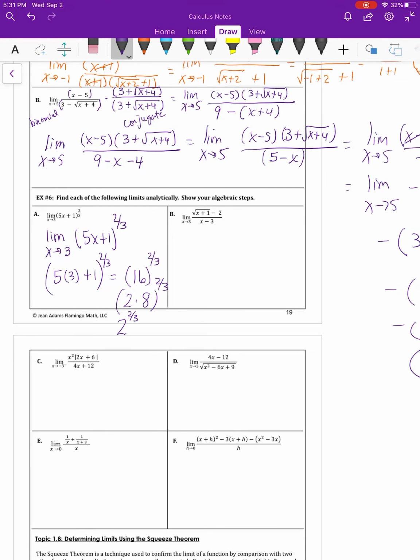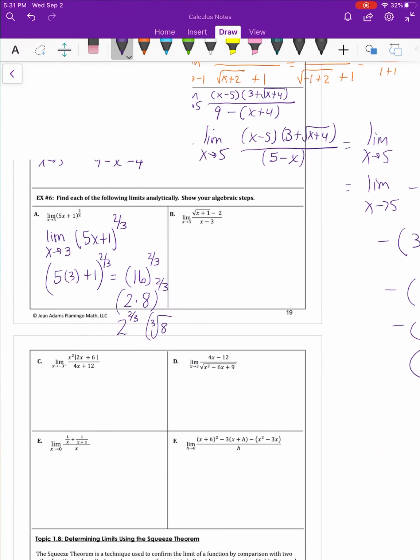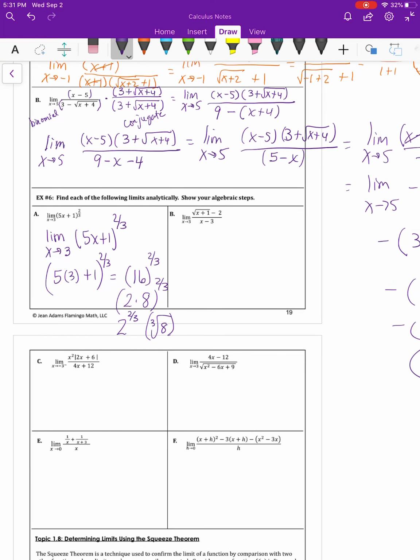So this would be 2 times 8 to the 2/3, and then I can take the cube root of 8, sorry guys, cube root of 8, and then square it, right? Because that's what this means. You're squaring, and then the 3 on the bottom is cube root. So cube root of 8 is 2, squared, so that's 4, right?